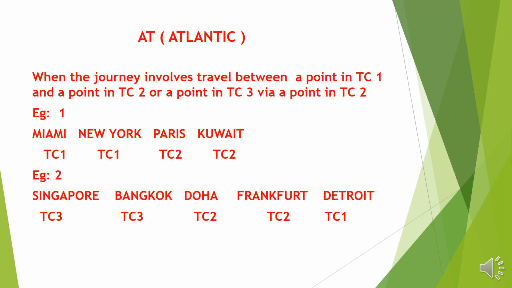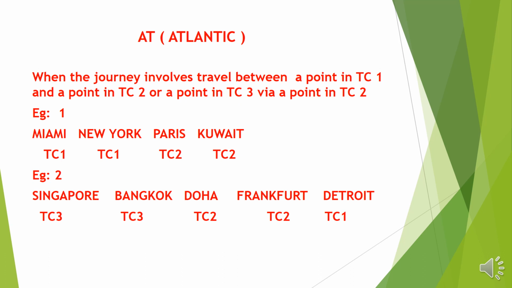Atlantic. This is also quite simple. When the journey involves travel between a point in TC1 and a point in TC2 or a point in TC3 via a point in TC2. So Atlantic, so here we see Atlantic.